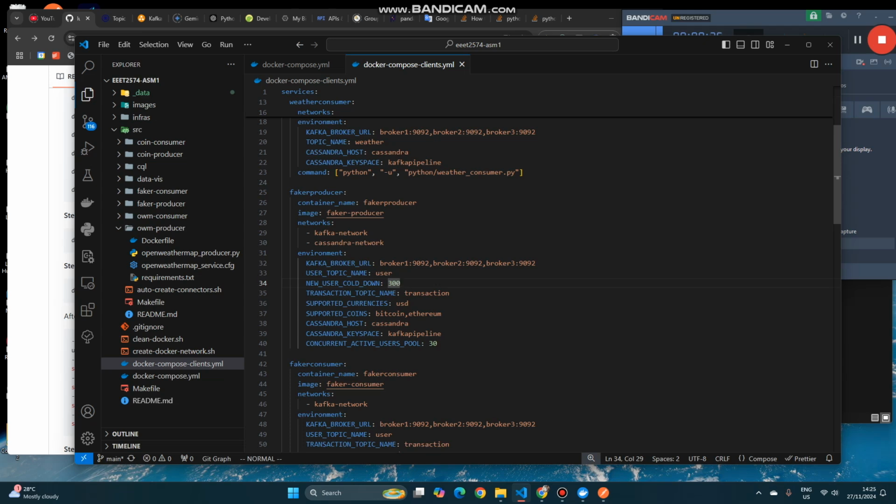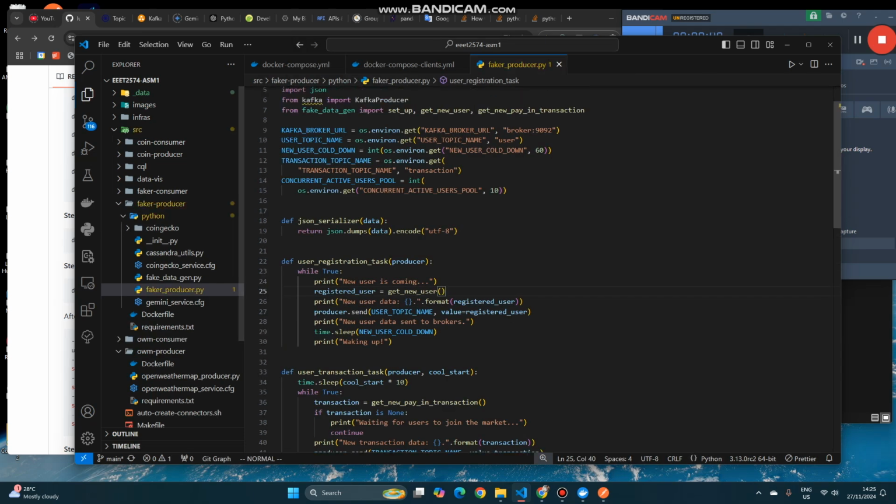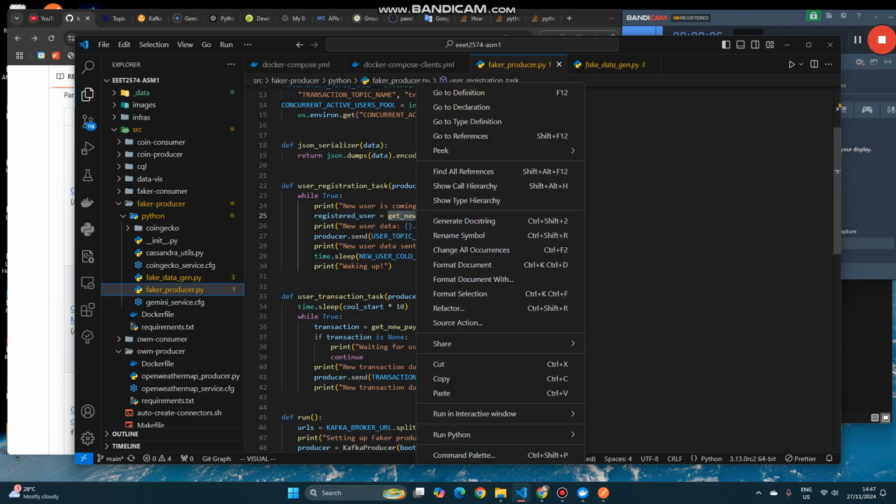If you go into the factor producer, you will see that it generates fake user registration data and fake user transaction data. So let's go to the detailed implementation of the fake data generator.